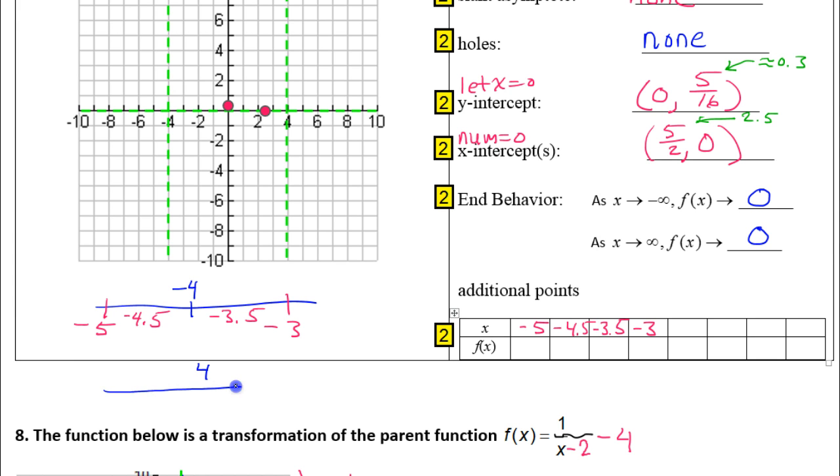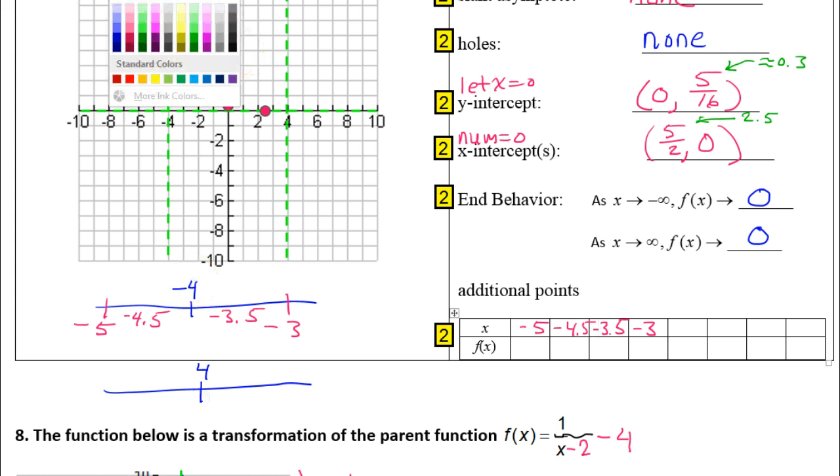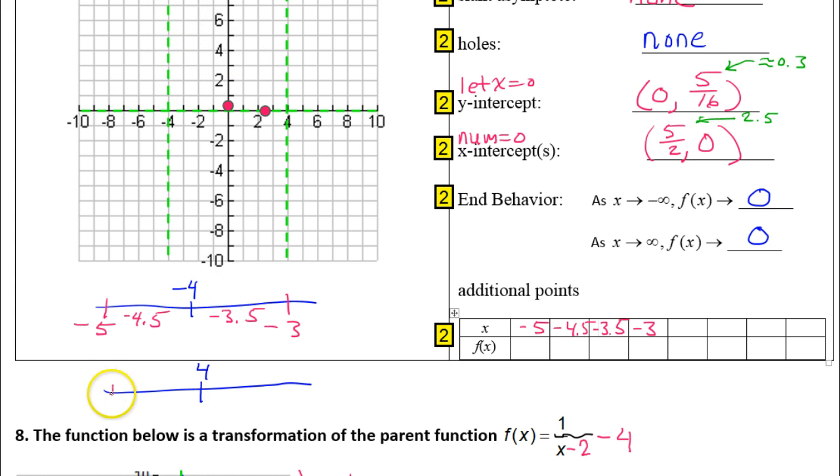So I'm just going to do the same thing. I've got +4, so I'm going to go to the left and to the right. To the left, I've got 3, and to the right, I've got 5. Between these is 3.5, and between these is 4.5.